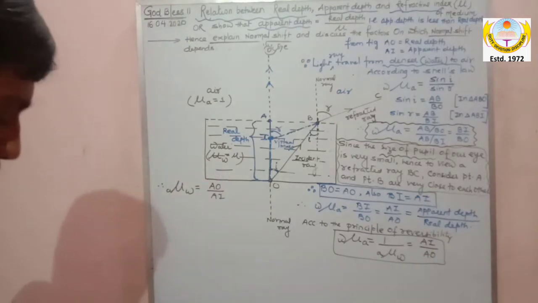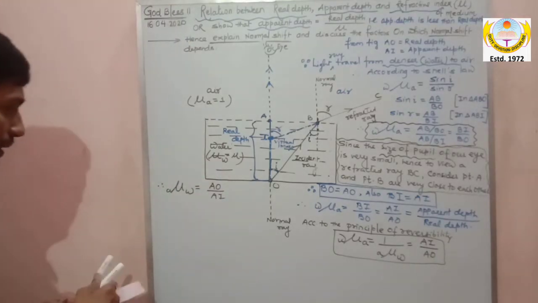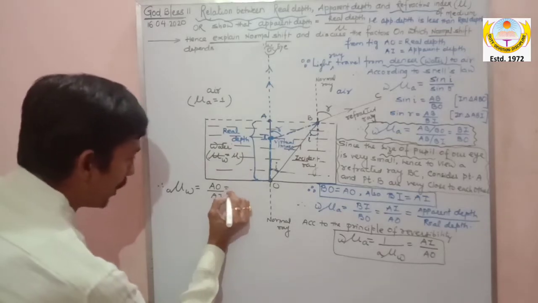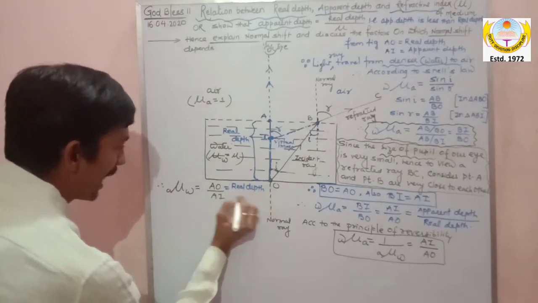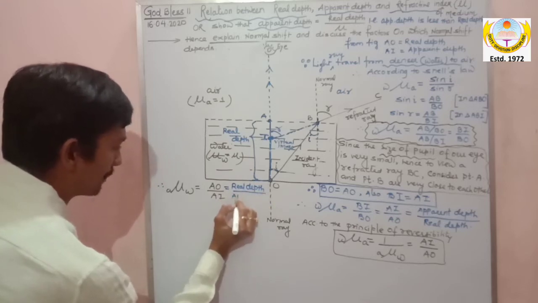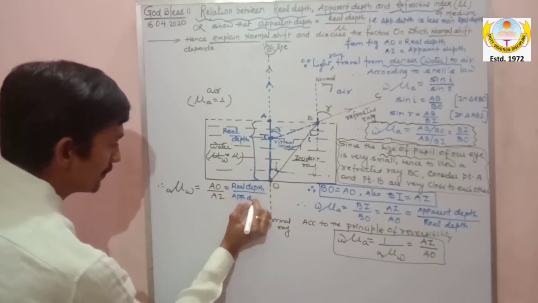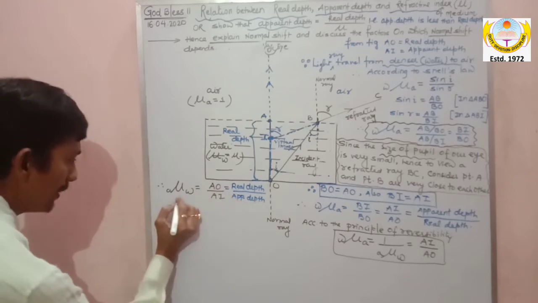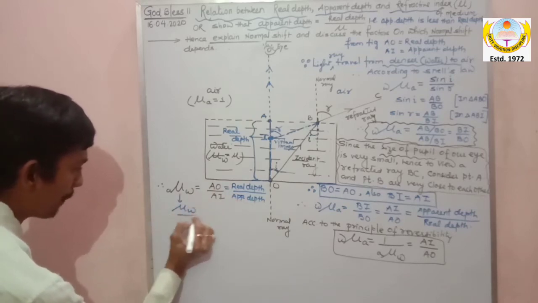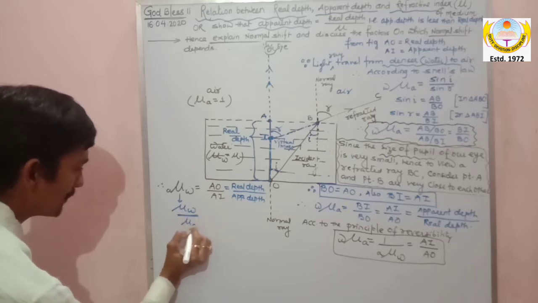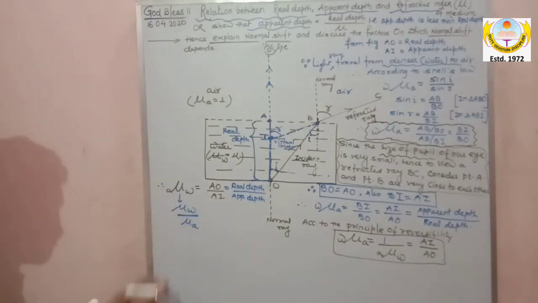So now my dear, what will be the next step? Here AO is my real depth and AI is my apparent depth. Now see this step. This is mu of water upon mu of air. I have already taught you this.